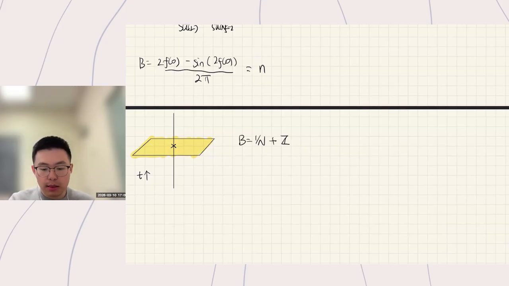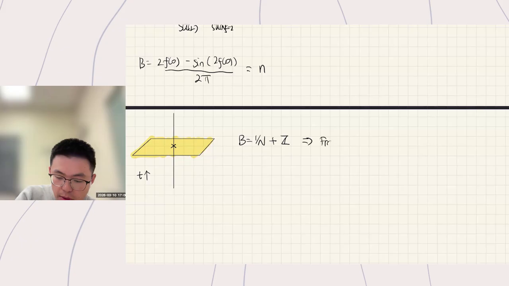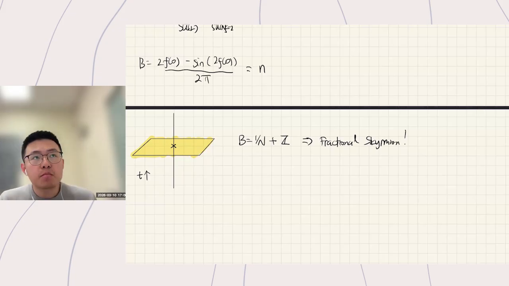In particular, the baryon number has to be 1 over n plus some integer. We know that baryon numbers are essentially skyrmion numbers in the IR. So that means we have to find some kind of fractional skyrmions in the IR. Okay?